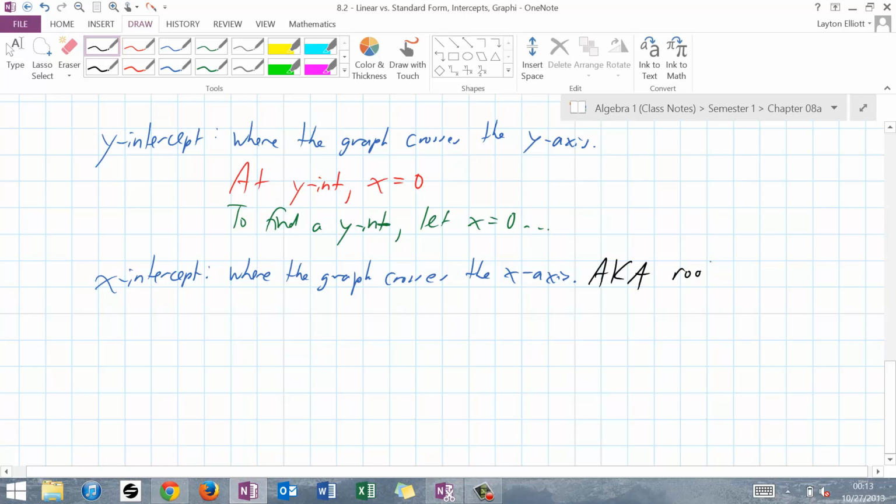One of those is roots, and another one is zeros. And we'll keep reiterating that as well. At the X-intercept, y is equal to 0 since it's on the x-axis. And to find an X-intercept, let y equal 0.